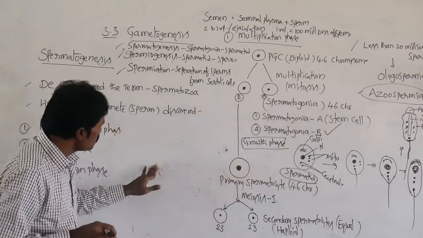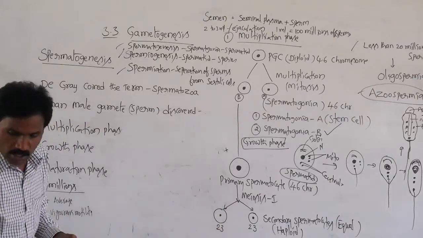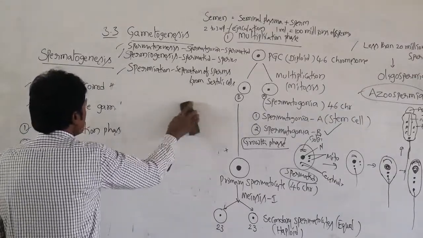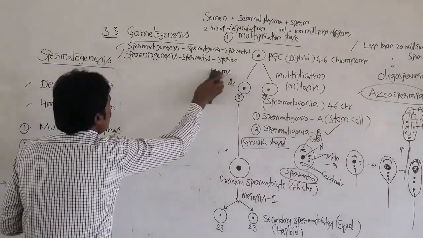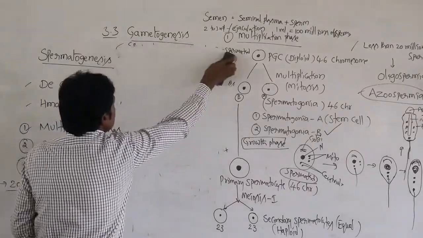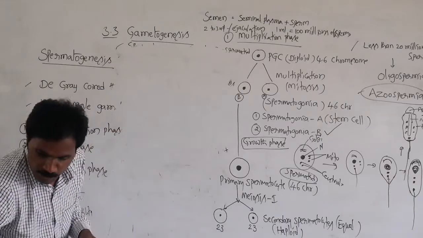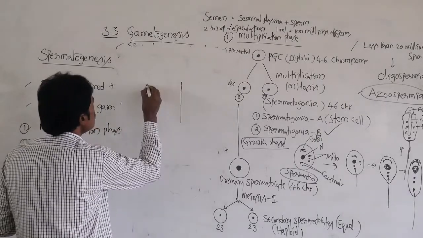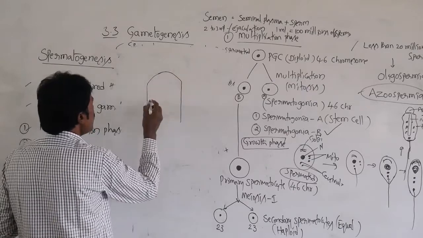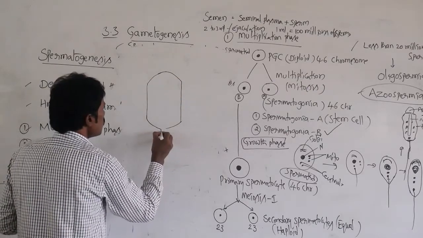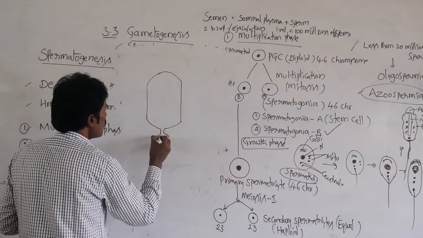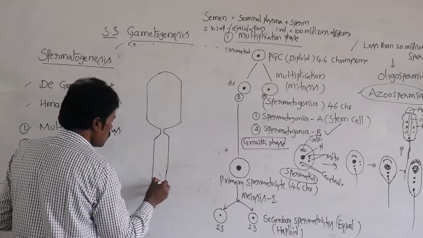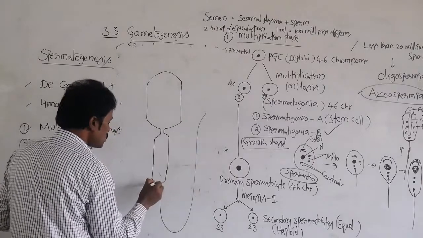So the mature spermatozoon, if you observe the structure of the spermatozoon, there is the head part, then the middle piece. Suppose this is the head, this is the neck part, this is the middle piece, and this is the tail part.